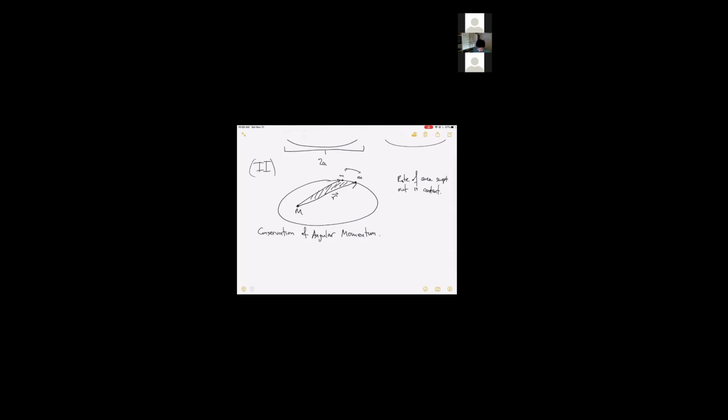If the point is here and it has a velocity, which is always tangent to the trajectory, then the angular momentum is m r cross v. It always points perpendicular to the page. The magnitude is m r v sin theta, where theta is the angle between them.